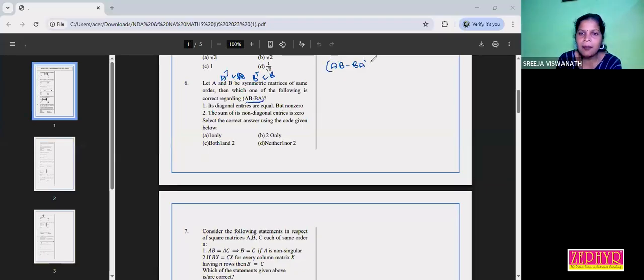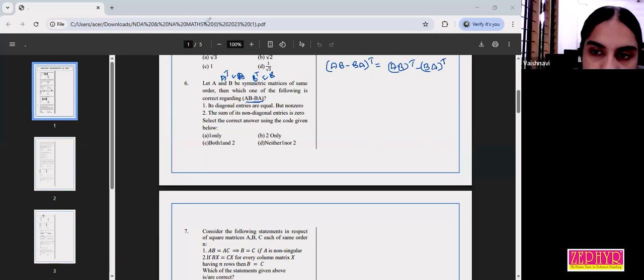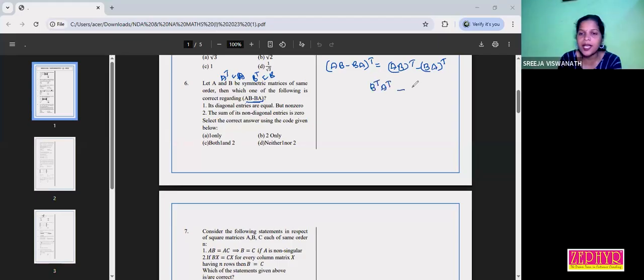So what is AB minus BA, the whole transpose? AB transpose minus BA transpose. Is it right? What is AB transpose? B transpose into A transpose. Correct. B transpose into A transpose minus A transpose into B transpose.